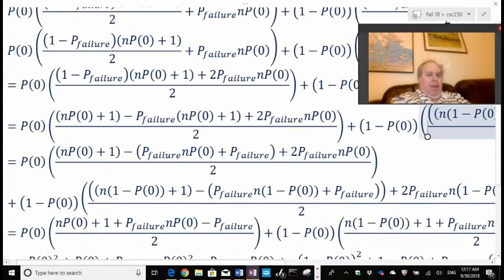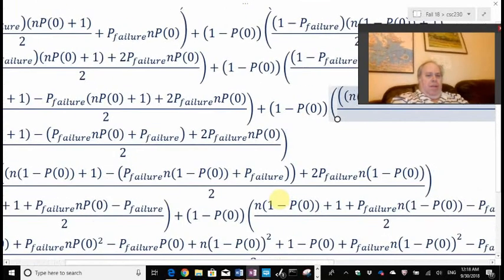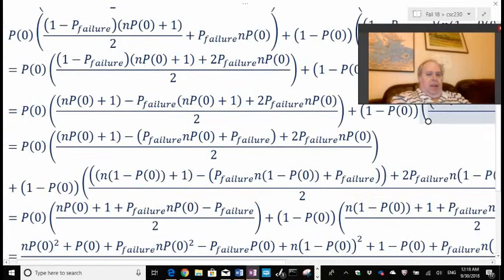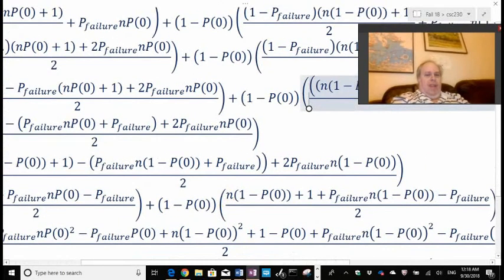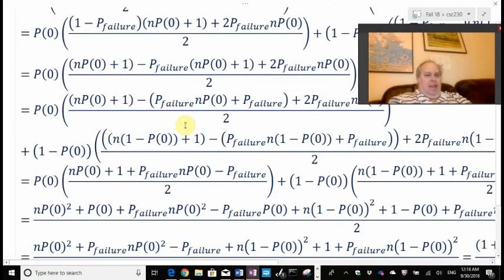Then I do some combining of like terms. The first thing I do is distribute P of failure into this term and into that term.